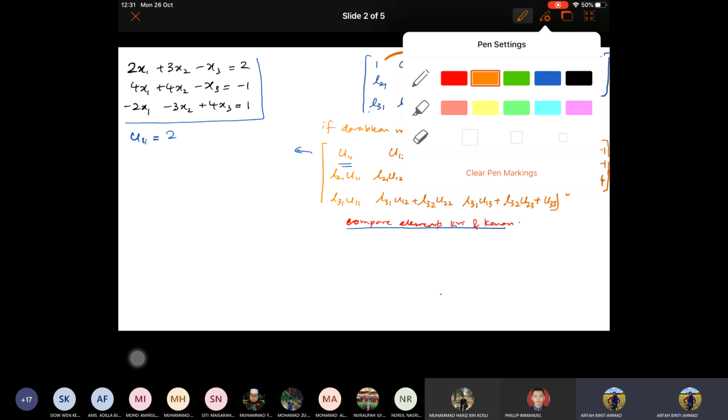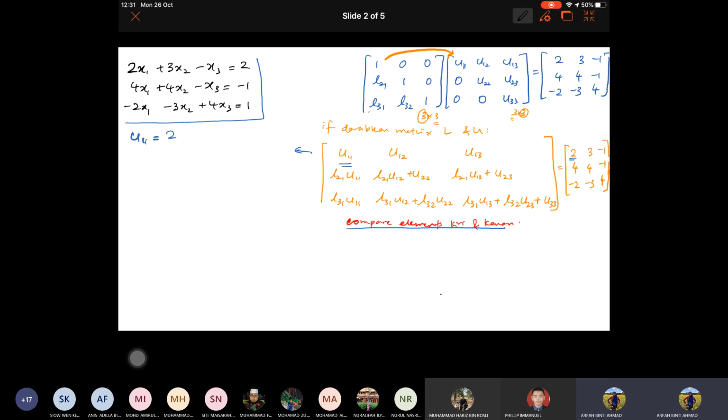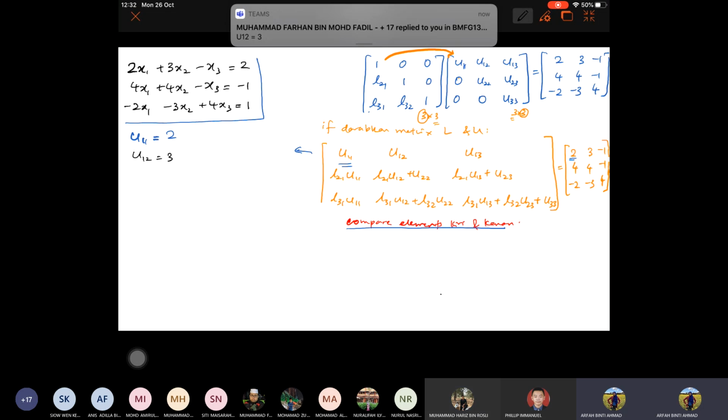What are other elements that you can compare directly from both of the matrix? Apa lagi? Kedua. U12 sama dengan berapa, Haris? 3. U12 sama dengan 3.